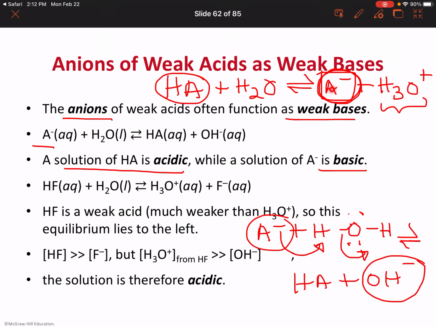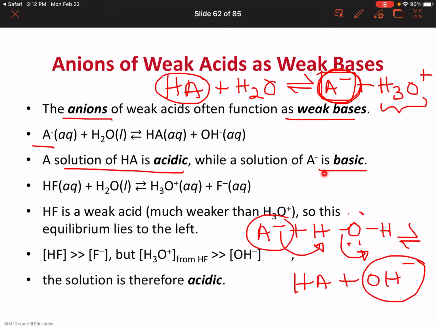But if you take the anion of the weak acid HA, A minus, it acts as a base and grabs a proton from the water molecule and produces hydroxide ion. So that solution will become basic. A solution of HA is acidic while a solution of A minus is basic.